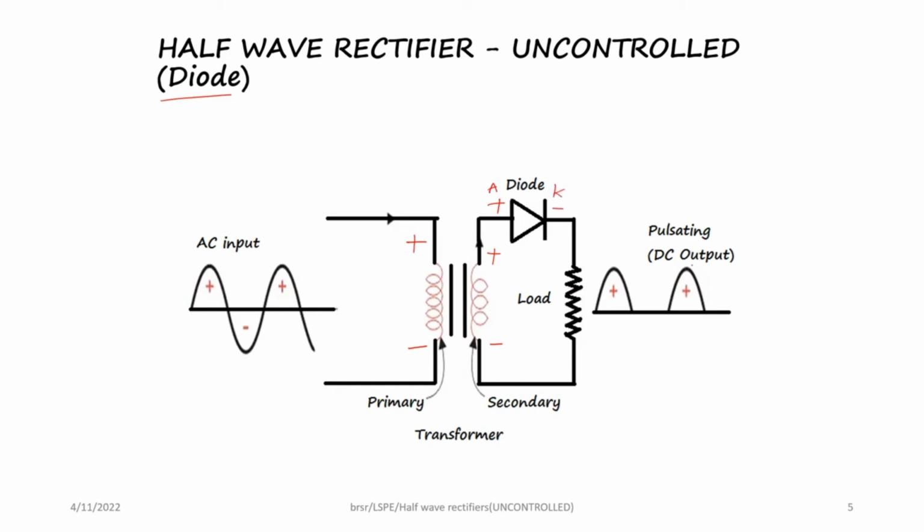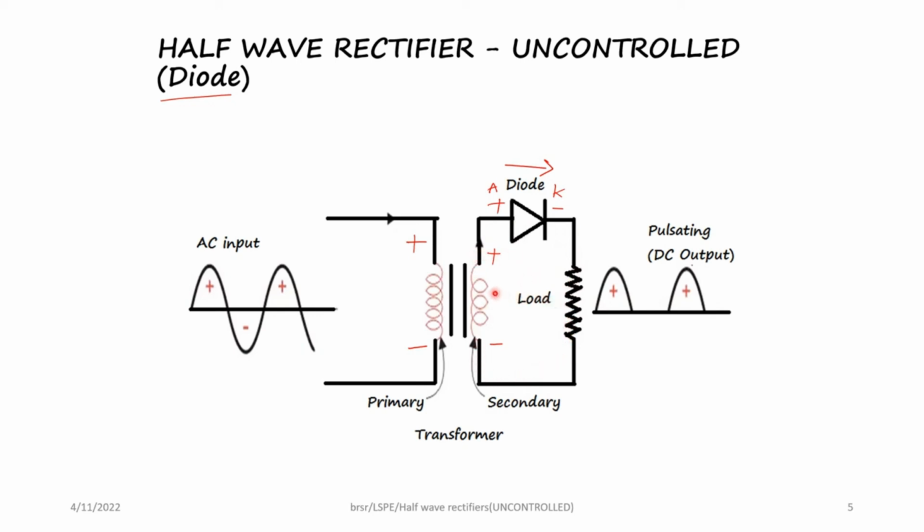A diode is said to be forward biased when it has anode positive and cathode negative. So when there is positive and negative in the shown way, it will be able to allow the current to flow through it. During the positive half cycle, the current flows through the load because the diode is forward biased. There is a current flow in this loop. So the current flows from the secondary through the diode, through the load, and back to the negative.